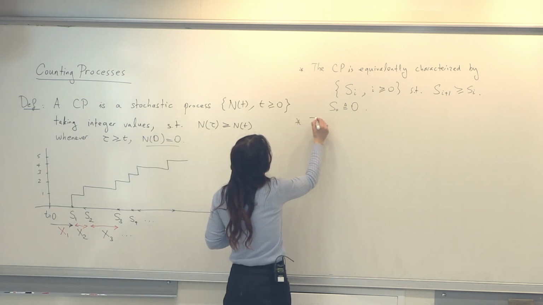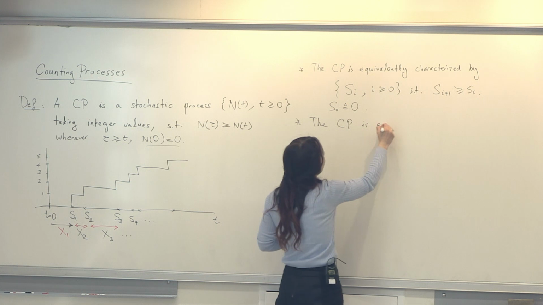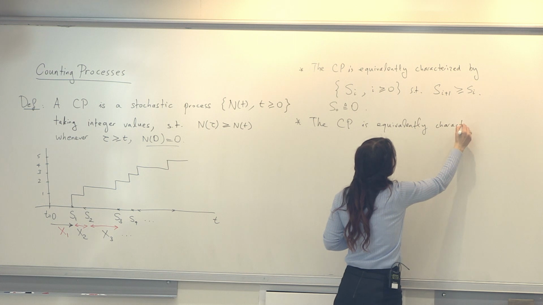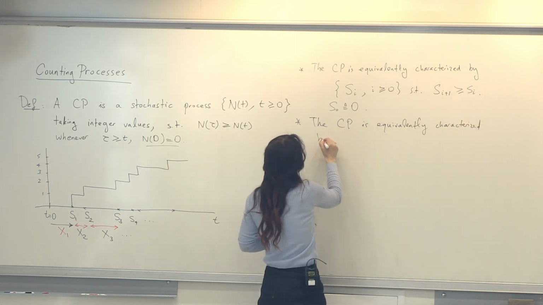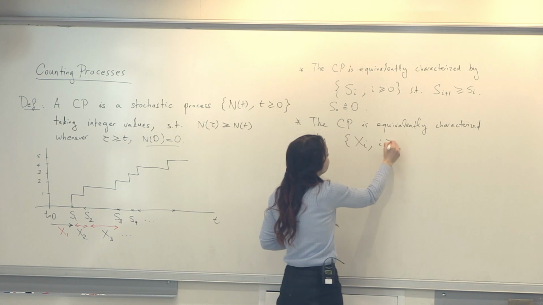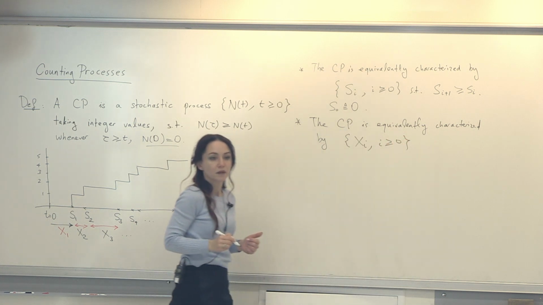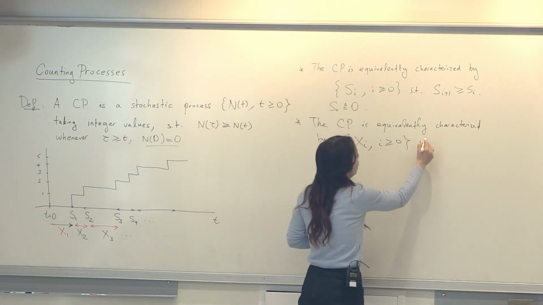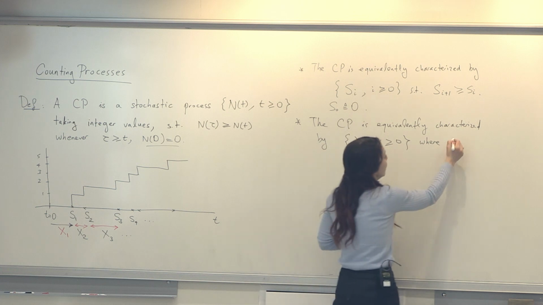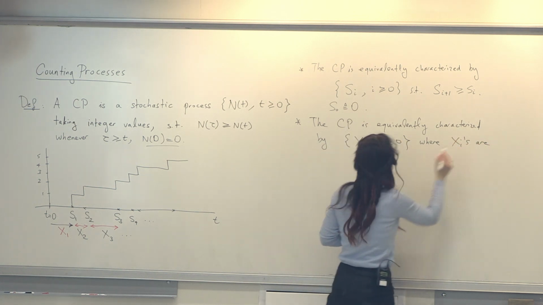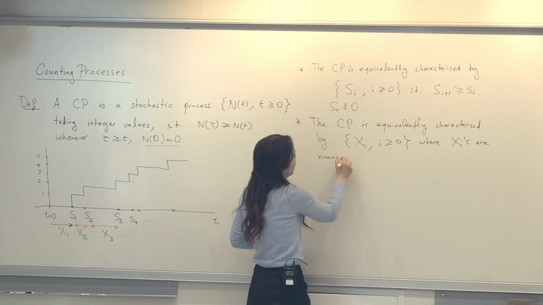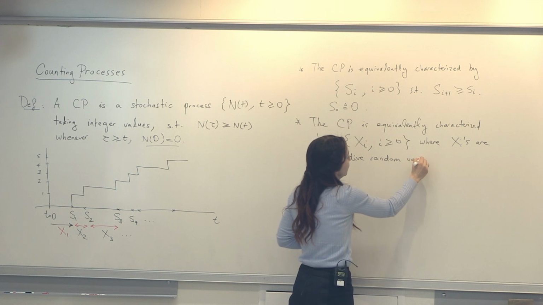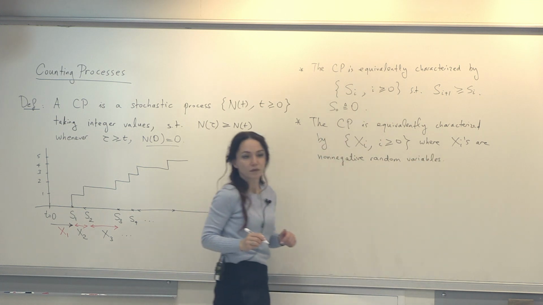So the counting process is equivalently characterized by the set of Xi, where the Xi's are non-negative random variables.